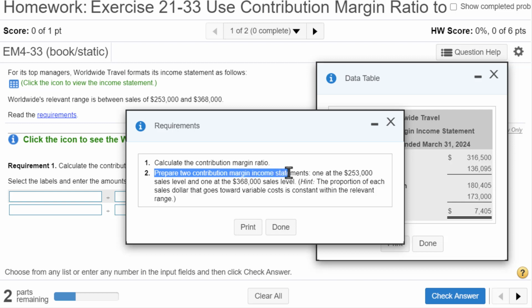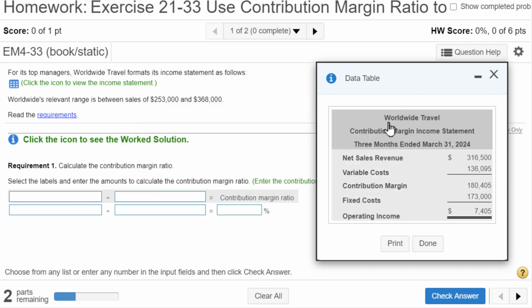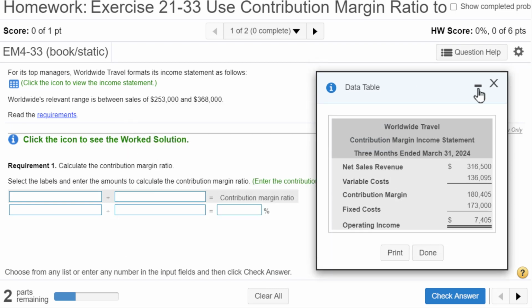They want us to do a contribution margin income statement because they're wondering what is the operating income if our sales are as low as $253,000, and what's our operating income if our sales jump up to $368,000. So in the business world, we do a lot of what-if scenarios.